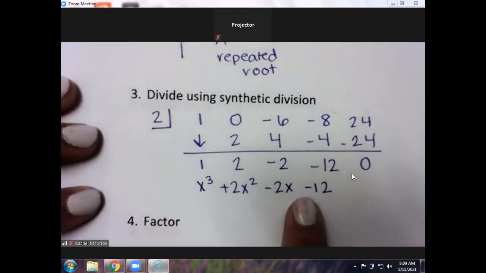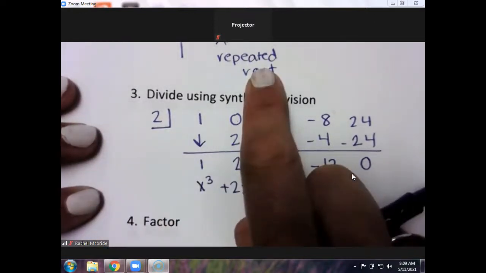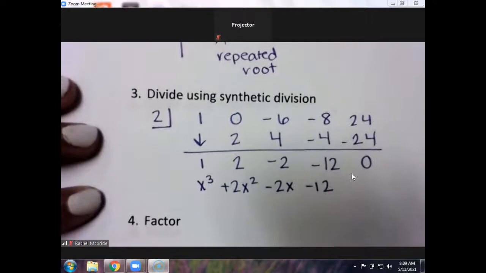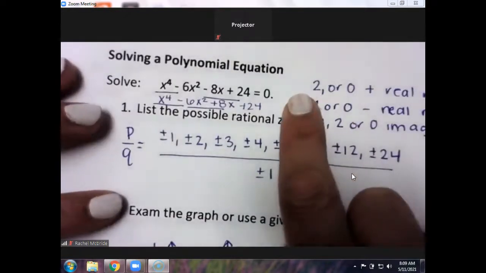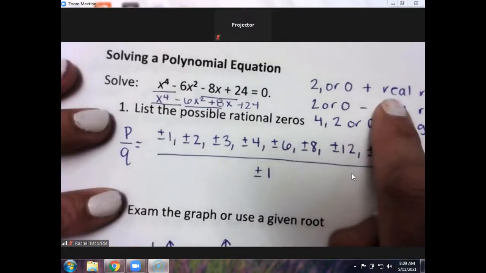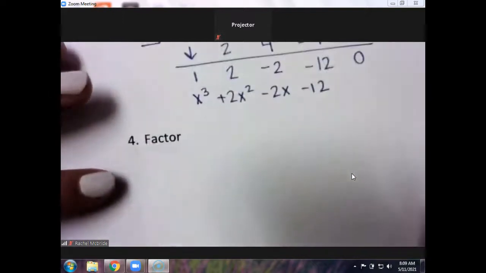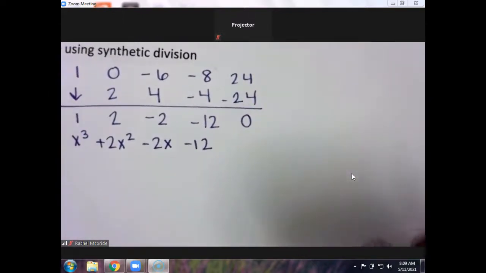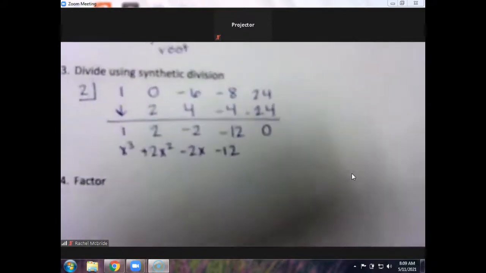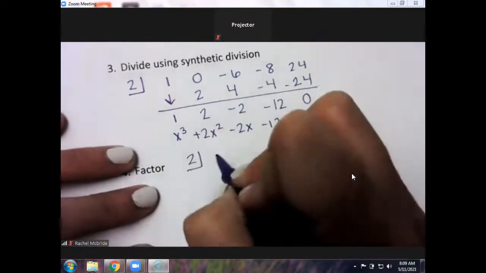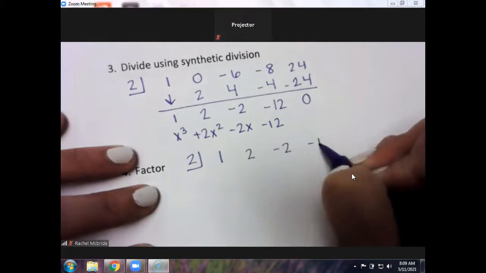And then the reason I kept specifying that 2 is a repeated root is because we can actually use 2 to divide this twice. So since 2 is a repeated root, up here my 2 positive real zeros are going to occur, and 2 of them are at 2. So I'm actually going to use synthetic division with 2 again, now using those same new numbers. So we're going to go 2, 1, 2, negative 2, negative 12.